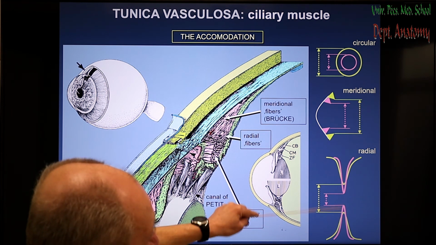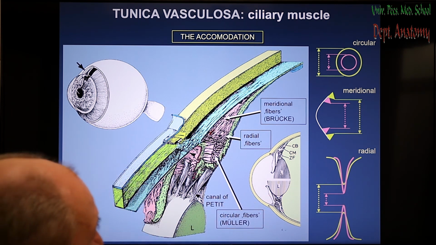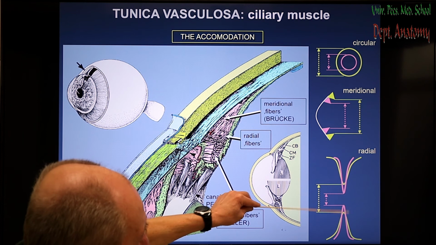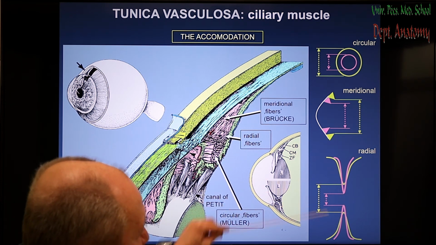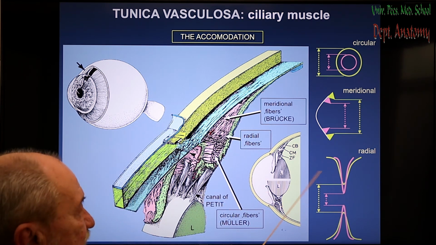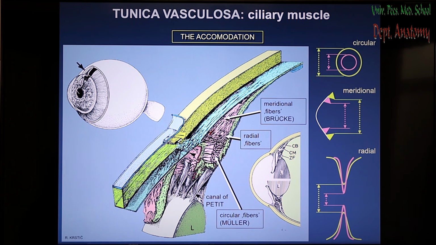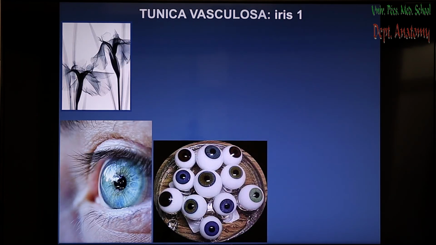From both sides, if you consider the complete circle, the diameter of the complete circle gets reduced, so again the final result is making the lens more convex for closer accommodation. So it doesn't matter which component of the ciliary muscle you consider, the contraction of the cells results in increased convexity of the lens.